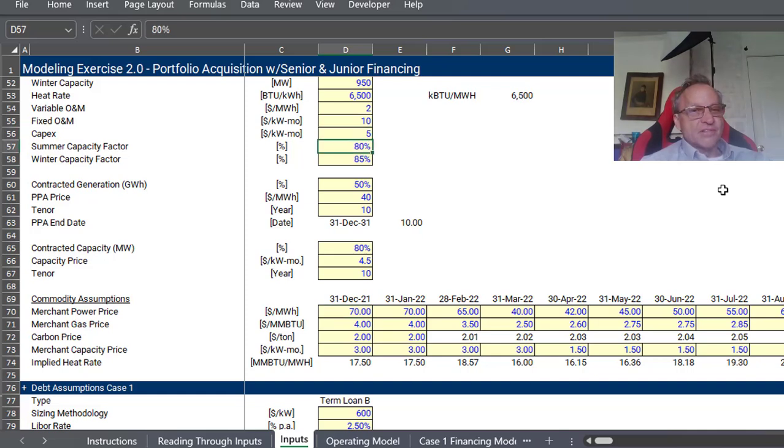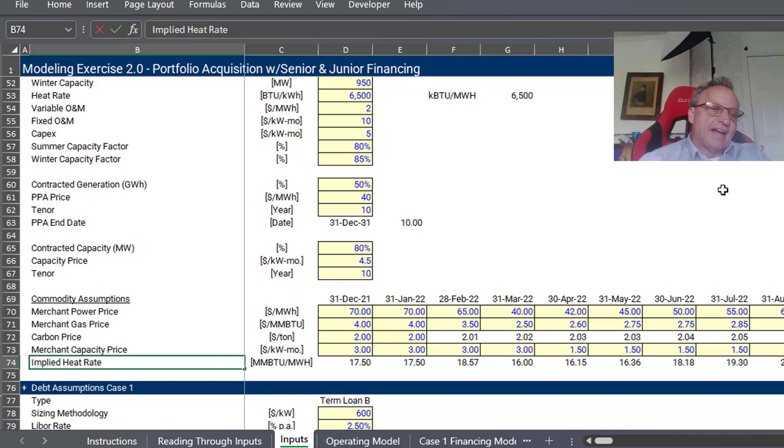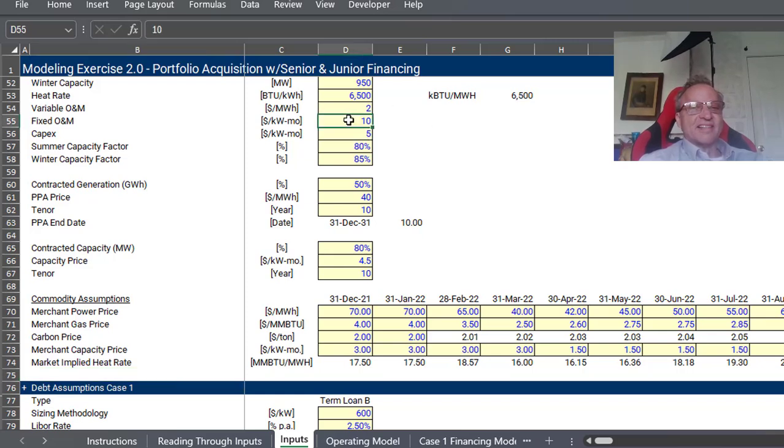Now, if you're producing at a capacity factor of 85% and having this, it's called the market implied heat rate, you're going to have an enormously high rate of return, unless you assume this is $10 per year, which is a totally crazy number, and then you can't even make a profit, then you just go home, I guess.